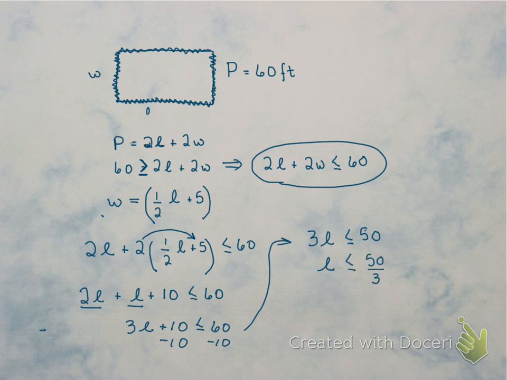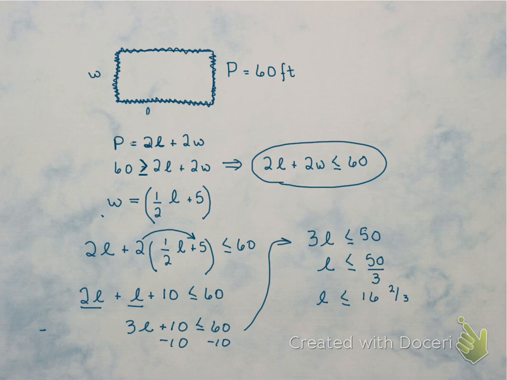Now that's a little bit difficult to determine what the length actually is. When you divide 50 by 3 on your calculator, you're going to get 16.666666 forever, which is 16 2/3. So the length cannot be greater than 16 2/3.